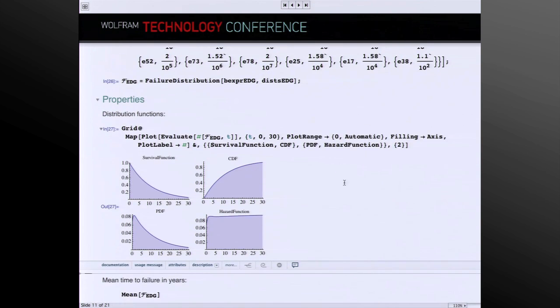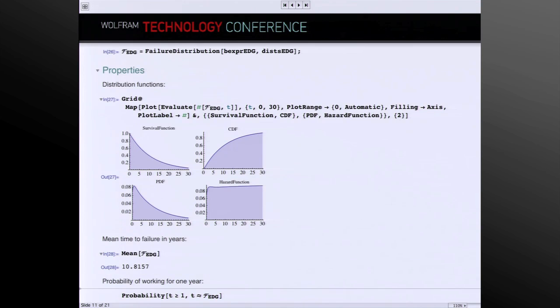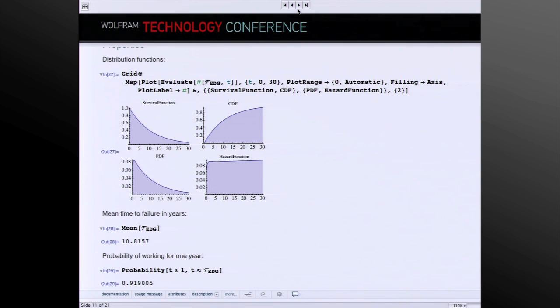But you get all those functions up there, and you can calculate such things as mean time to failure, which turns out to be 10 years. And this is given that you don't have any maintenance. So with maintenance, you can greatly improve your reliability.